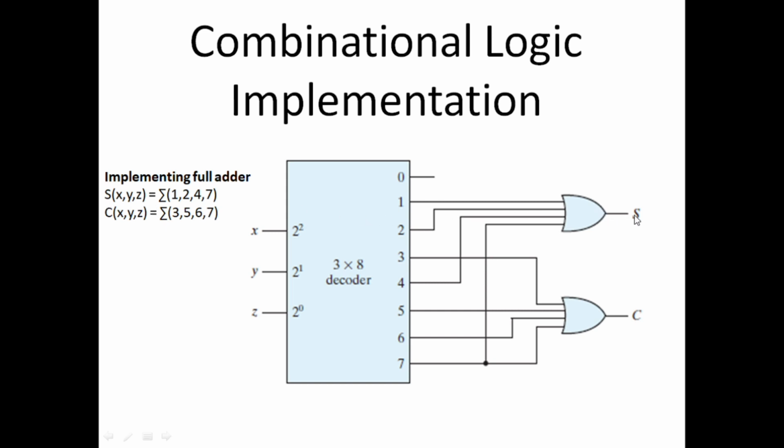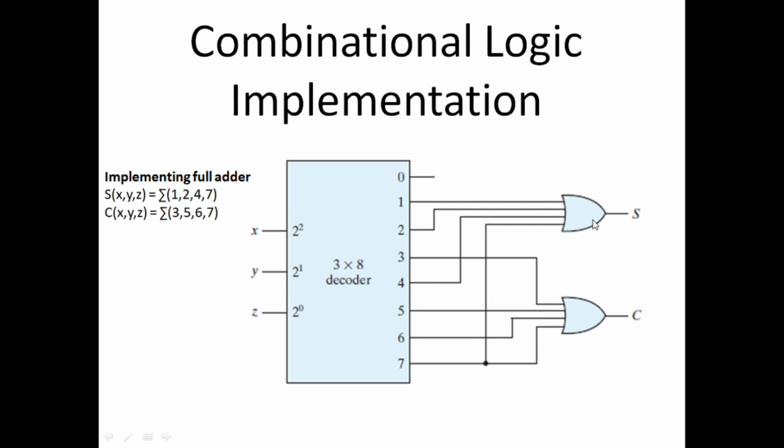There is an OR gate, and this OR gate combines minterm 1, minterm 2, minterm 4, and minterm 7, each given to this OR gate.